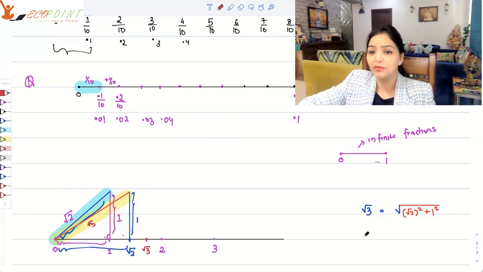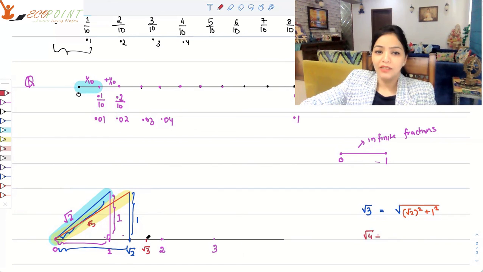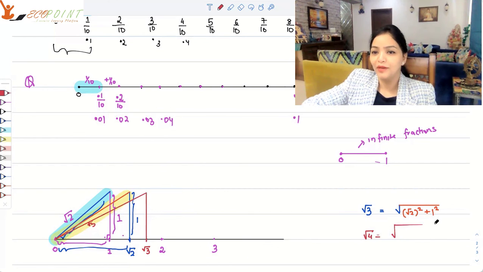When it would be √4, imagine what is happening. You are picking up from here √3, height 1, and the hypotenuse would become √3 square, that is 3 plus 1 square, and that's √4, which is 2.